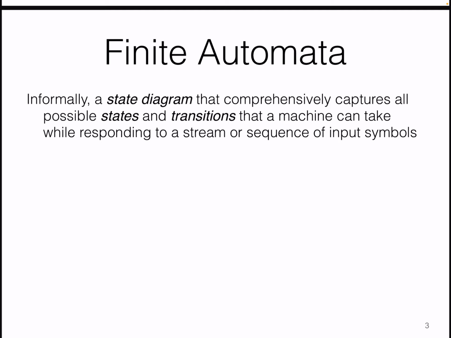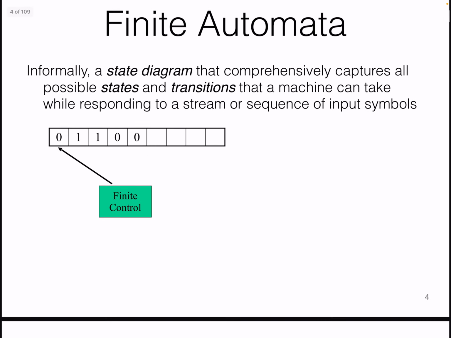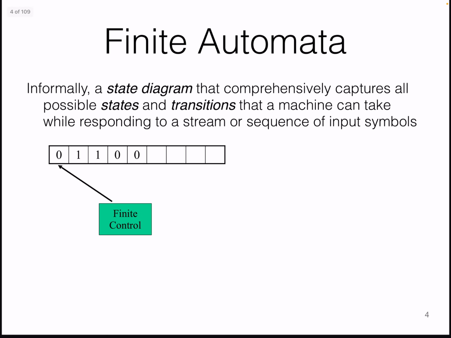This machine can read some input, which is going to be a sequence of symbols. It will be something like this. Your finite automata is going to have two parts.